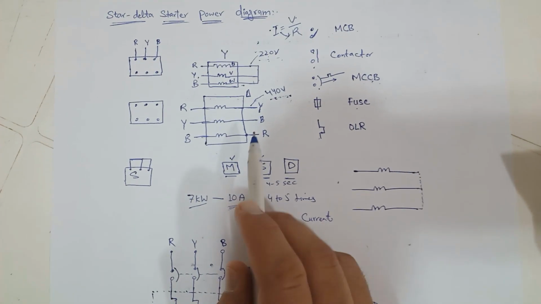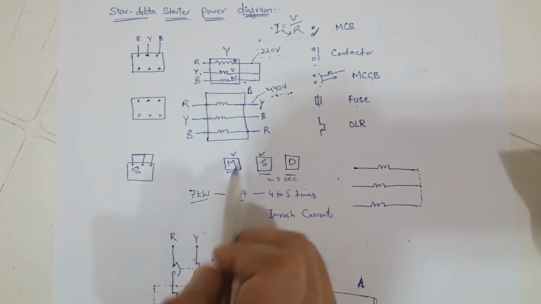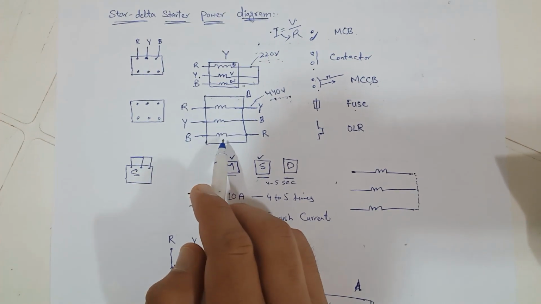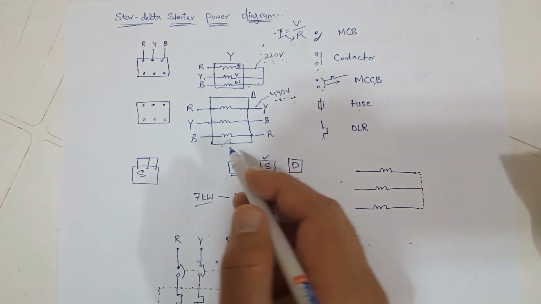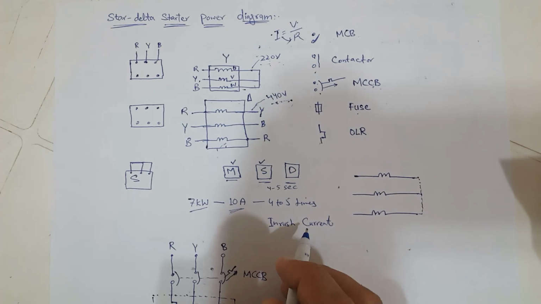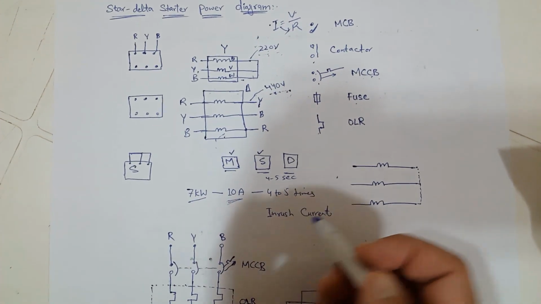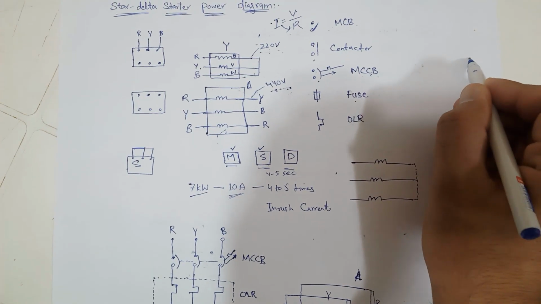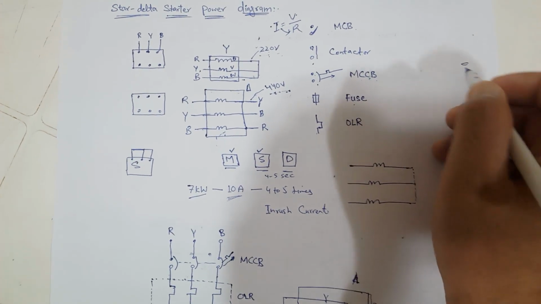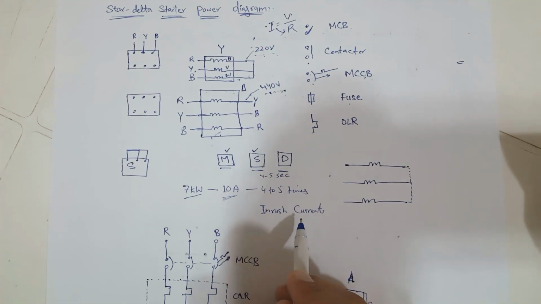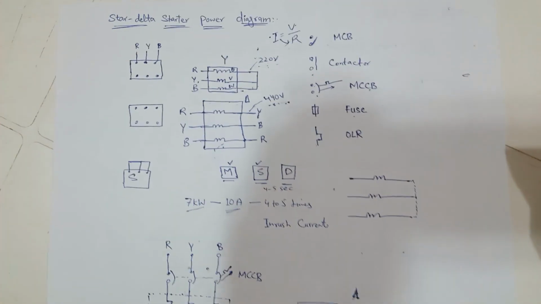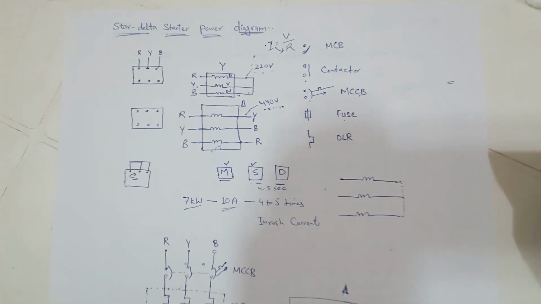This current is much more than the rated current, so it can burn the winding of the motor. This current is called inrush current. If you want to know about inrush current, above you will see the link, so you can watch the video in that link and learn about inrush current, and also about the star delta theoretically.